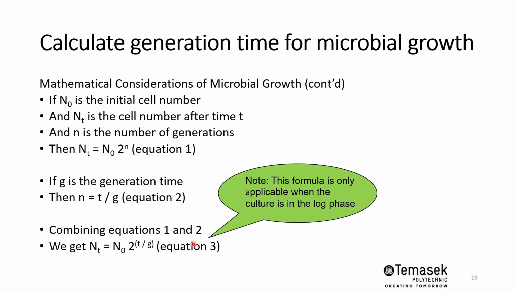Please note that this formula is only applicable when the culture is in its log phase. If you know any of these values, it's easy to find the other values through calculations by making it the subject.